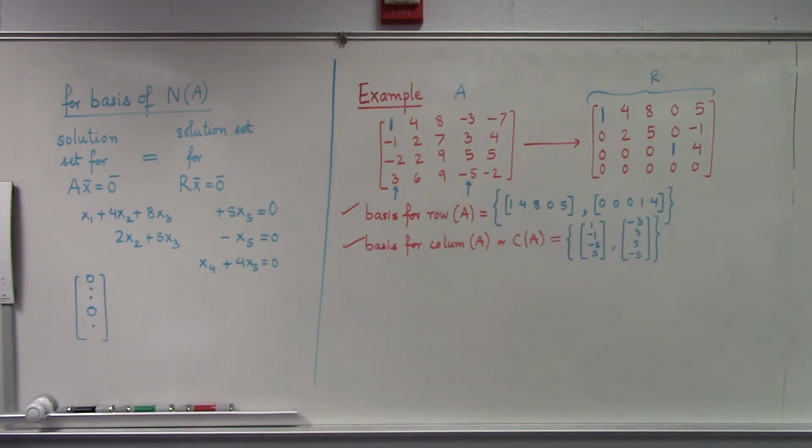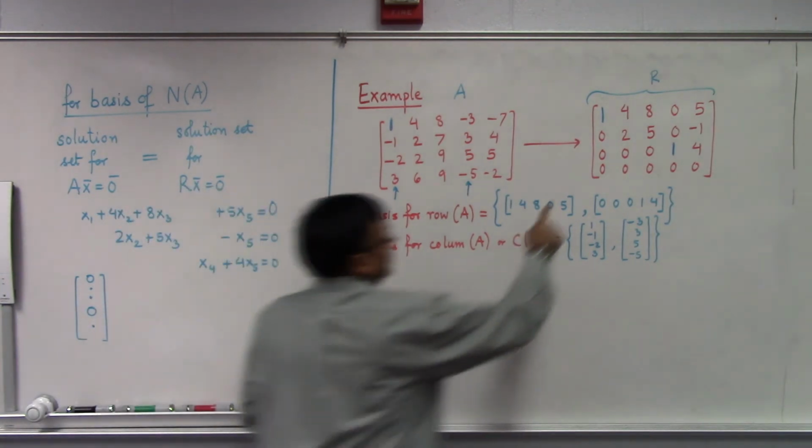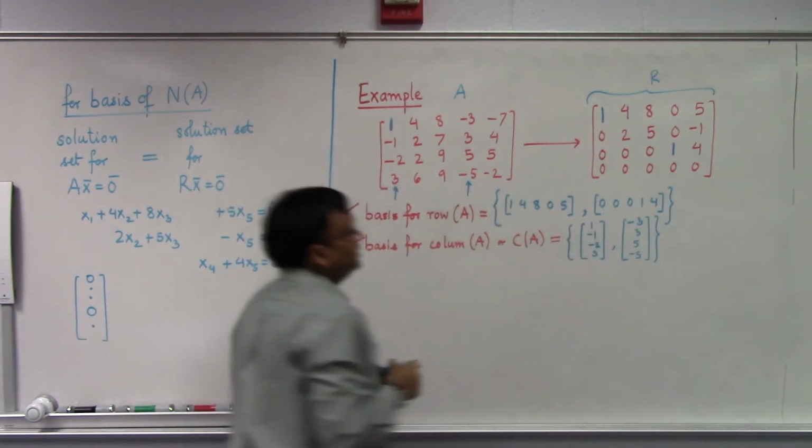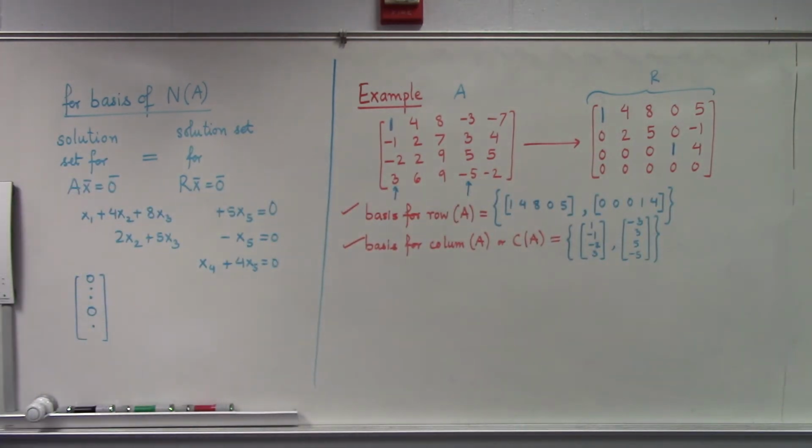Can we say that anything which lives in the null space has to be of that form? That means the first entry and the fourth entry would definitely have to be 0. The reason for that is those are linearly independent columns that we have. So the only combination that can help us deal with those would be 0. So that is one way of dealing with it.